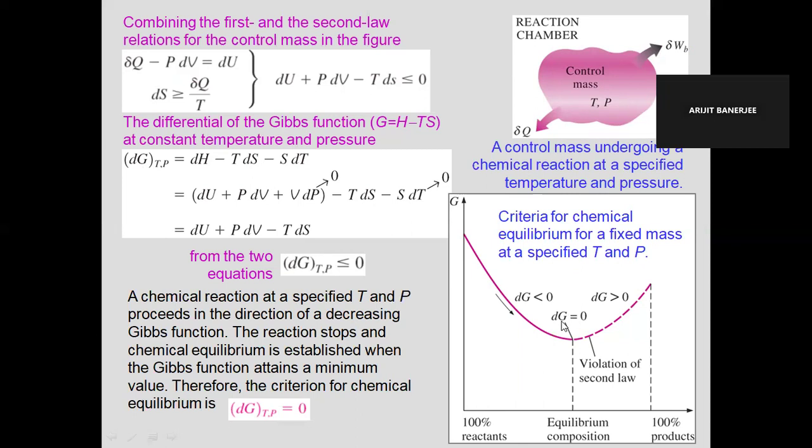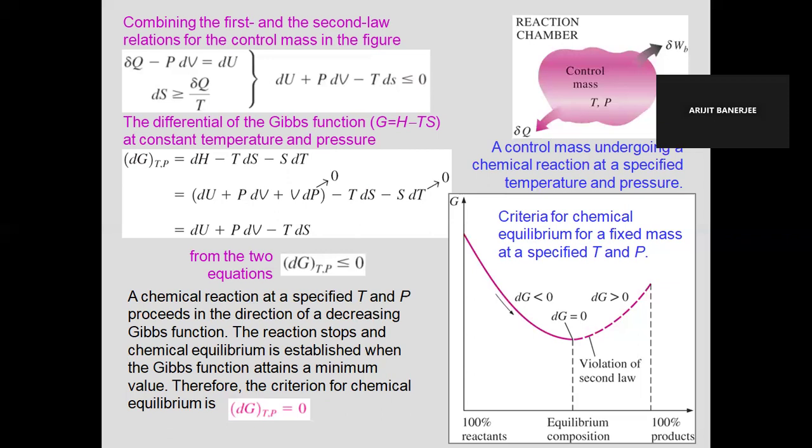That means the Gibbs function becomes minimum. So these are the two conditions that we have seen in the last class, the equilibrium condition. That can be called the equilibrium criteria.